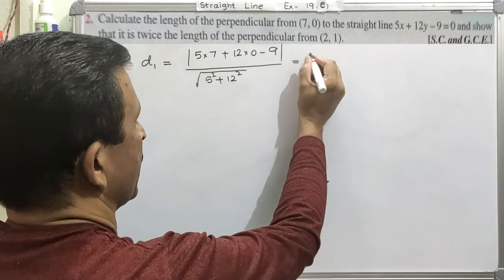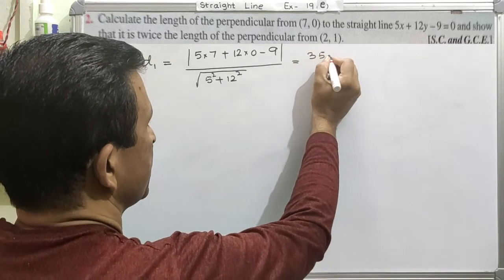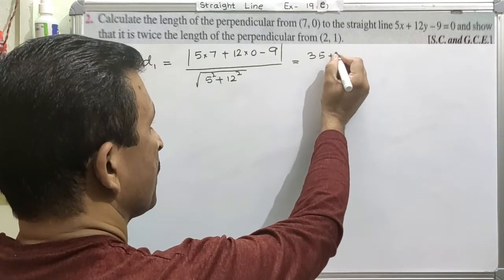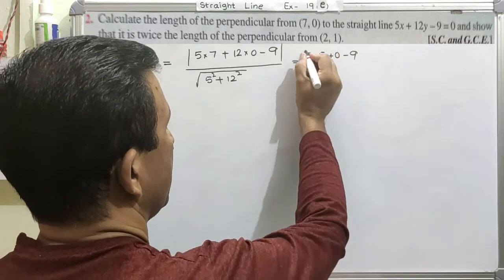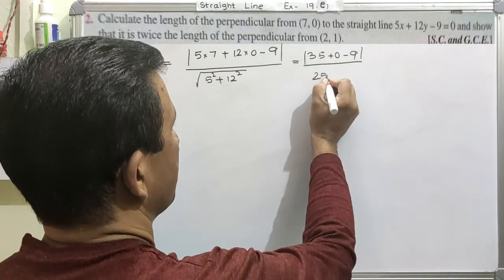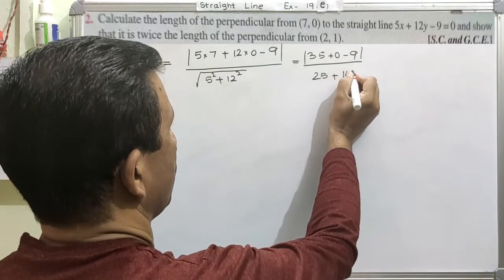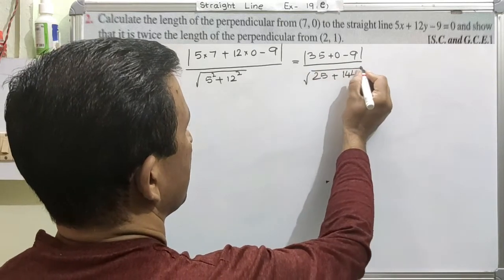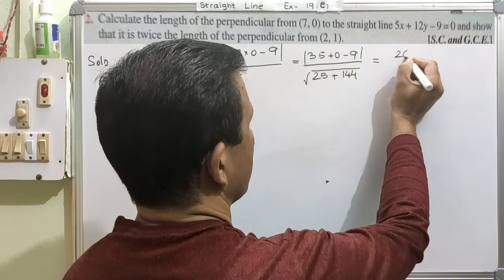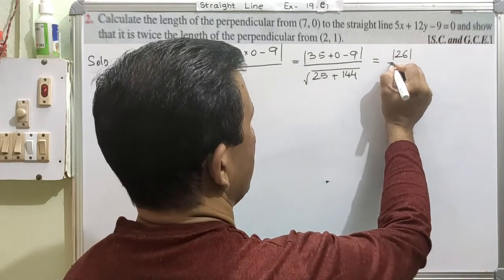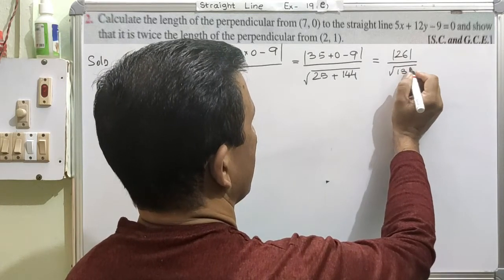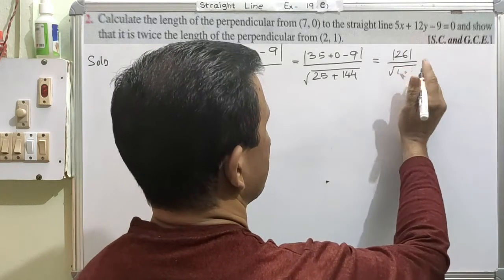Now 35 plus 0 minus 9, absolute value, divided by root over 25 plus 144. 35 minus 9 is 26, and this is root over 169.